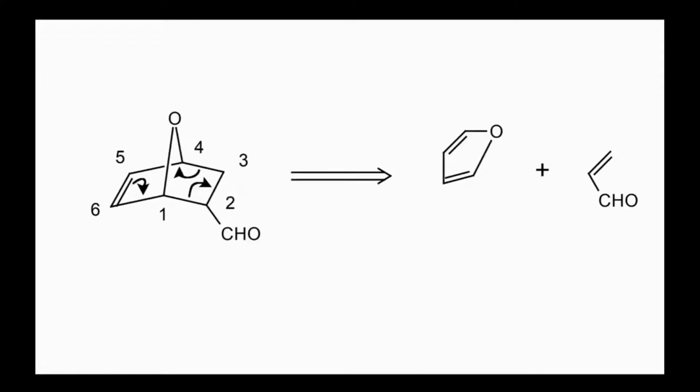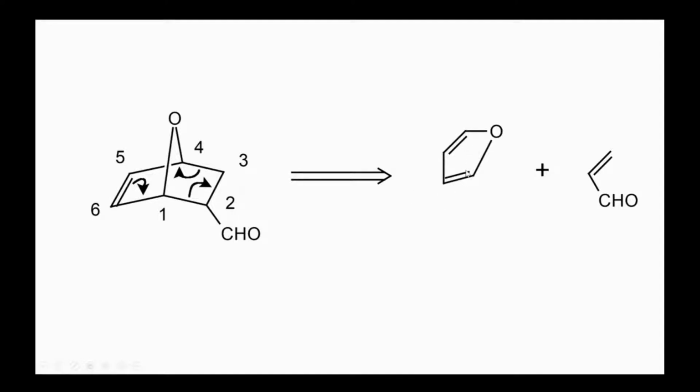Again, this is a Diels-Alder reaction, but it's in a bicyclic system, where you have an oxygen bridge here, and then you just do what you have to do in a Diels-Alder reaction. Move the arrows from one position to another and come up with a 1,3-diene and an ene. For example, this is a furan type ring, and you have a 1,3-diene there inside the ring.